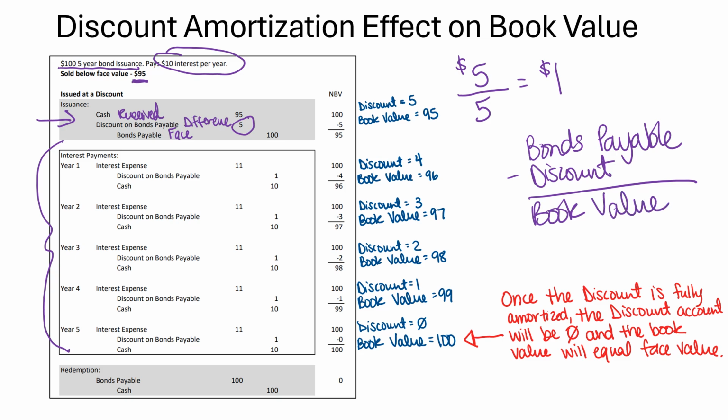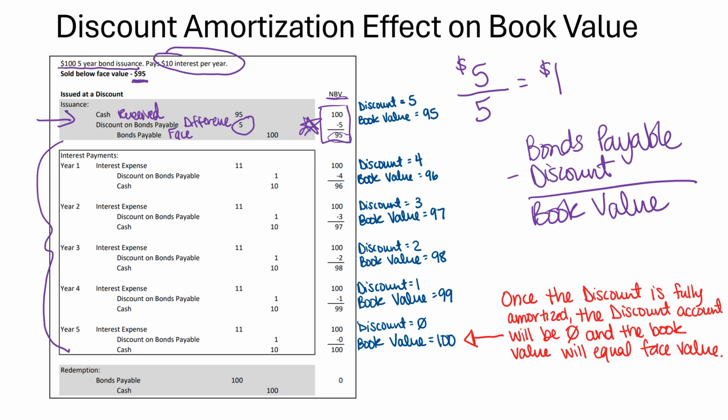So that's what I have shown you here. NBV stands for net book value. This one here shows what the book value of the bonds is initially, right when they're issued. That's because you take the $100, the bonds payable, that face value, minus the discount, and that gives you a book value of $95.